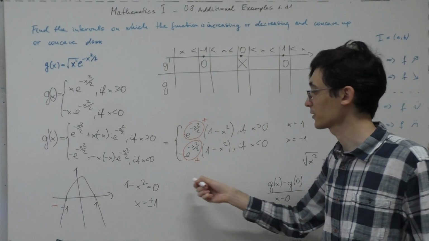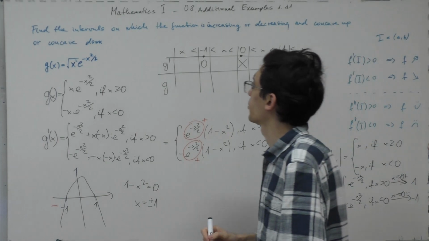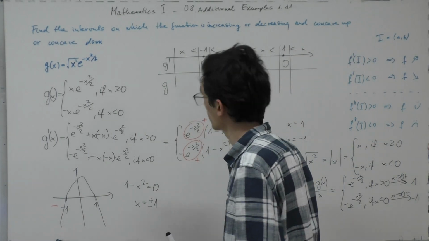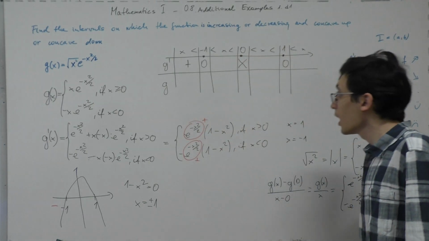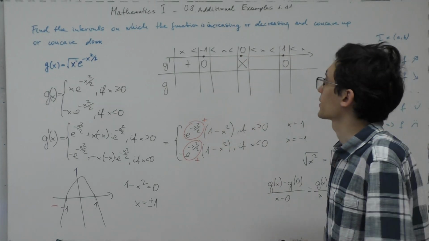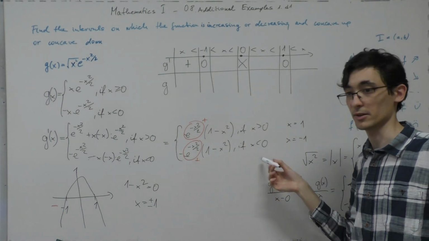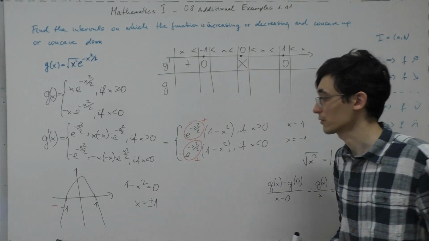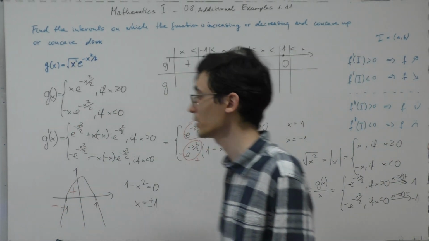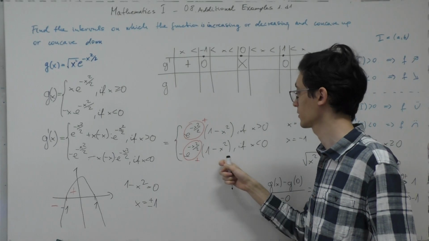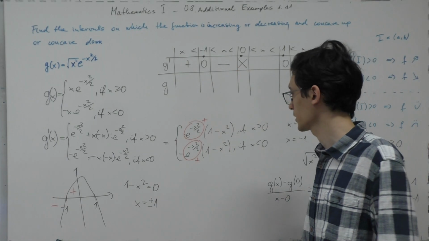So we have negative times negative, giving us a positive derivative on this first interval. On our second interval, we are between negative 1 and 0. Yet again, we have this function, with our interesting part being positive here. So we have negative, positive, the derivative being negative here.